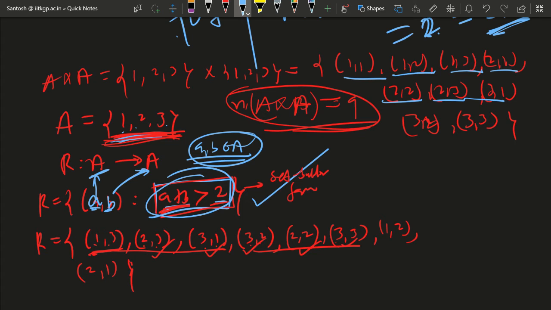The condition was a will be related to b only if a plus b is more than 2. So this will not satisfy, all the others will satisfy that condition. So these are all here.